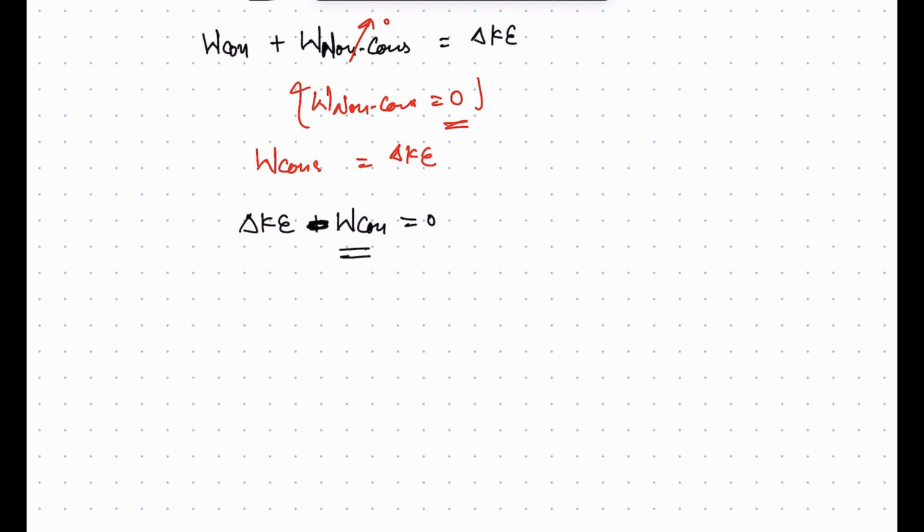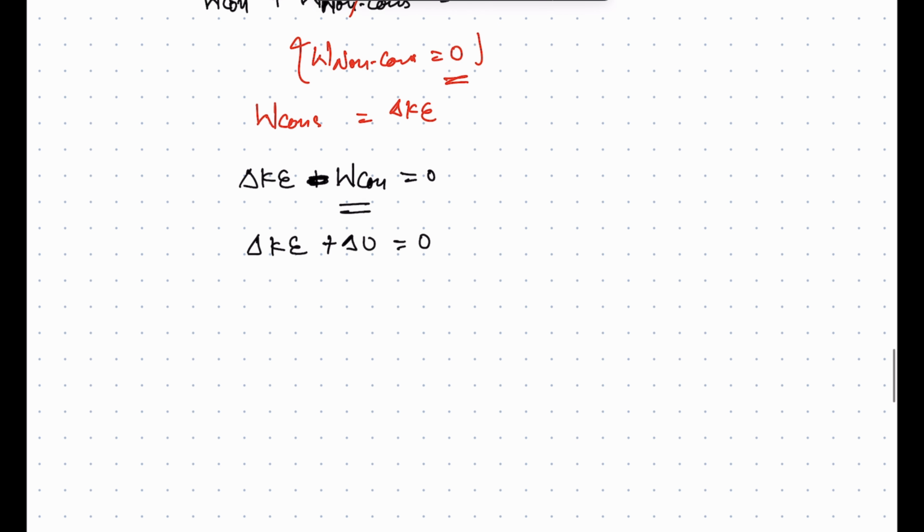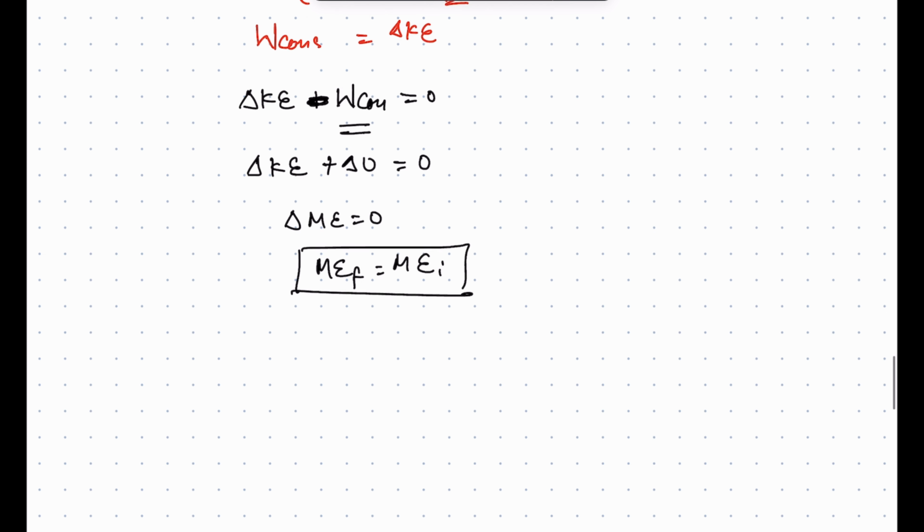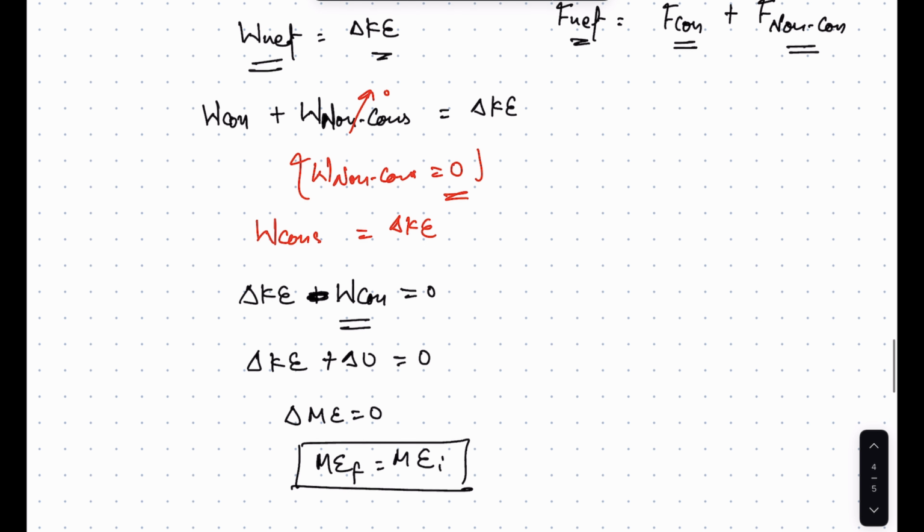And the negative of the work done by the conservative force, we know, is the change in potential energy. So we get change in kinetic energy plus change in potential energy equals 0. Basically the change in mechanical energy is 0. Otherwise I can say mechanical energy final equals mechanical energy initial. This is our principle of conservation of mechanical energy.